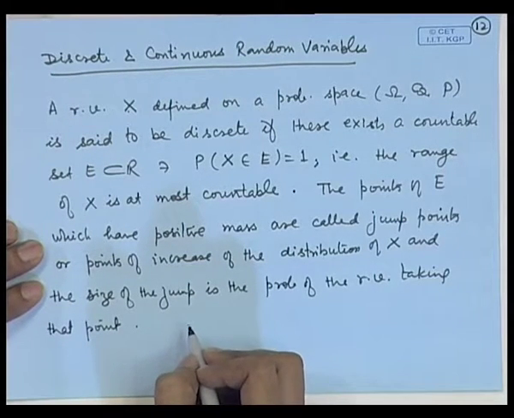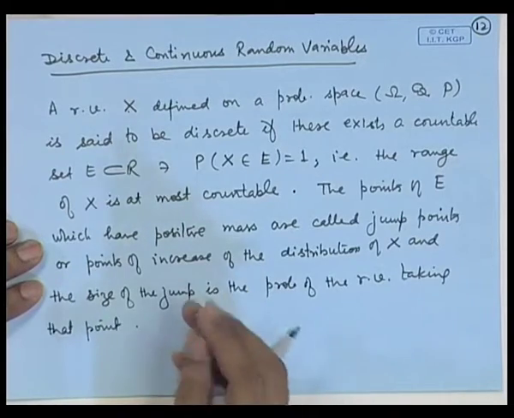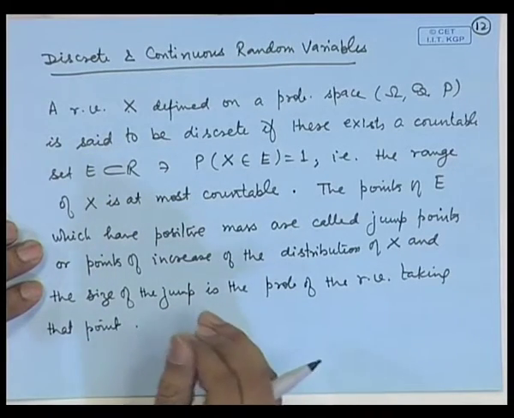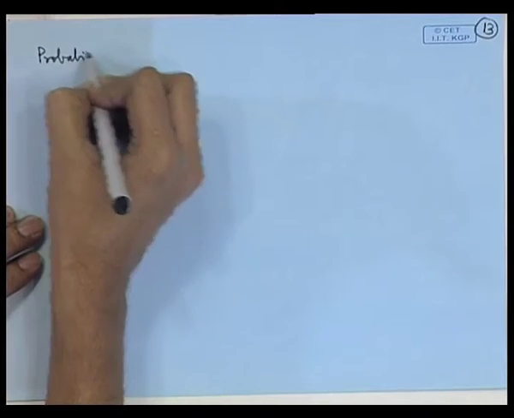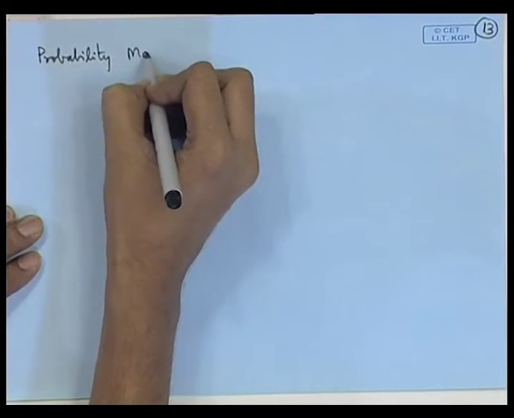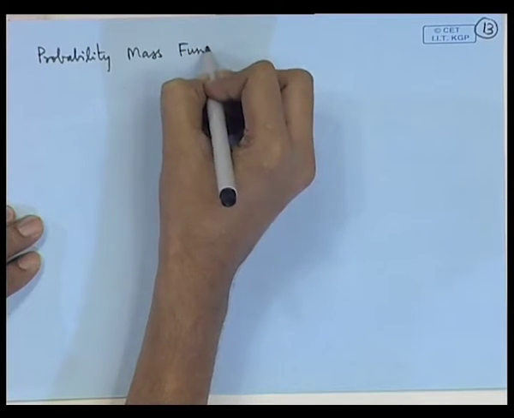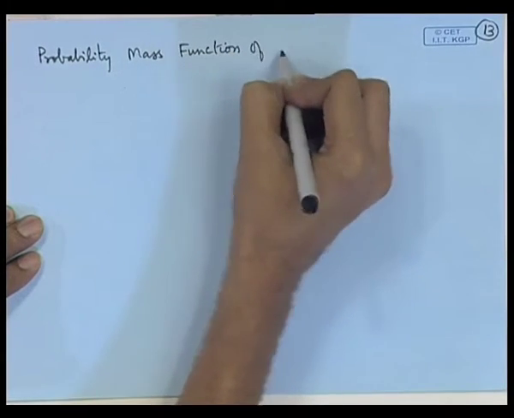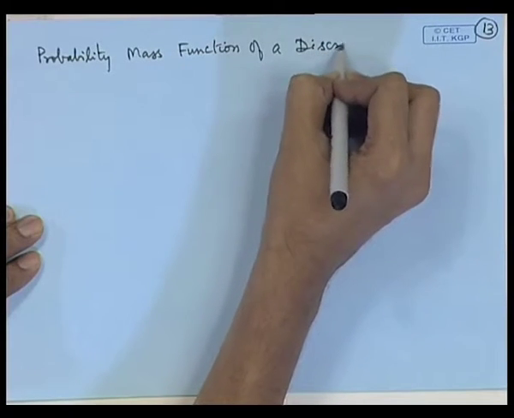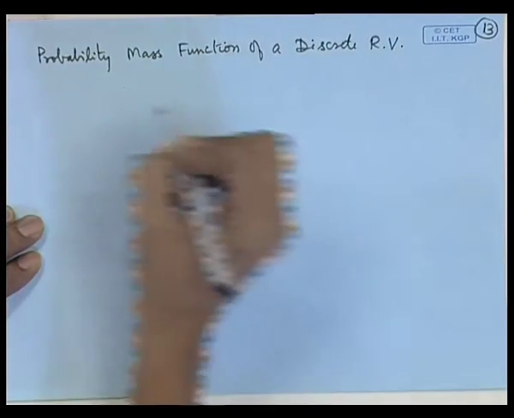So, the probability distribution of a discrete random variable is defined by a mass function. That means, the probability of the random variable taking a particular value, say x_i, where x_i belongs to a countable set E. We call it a probability mass function of a discrete random variable.